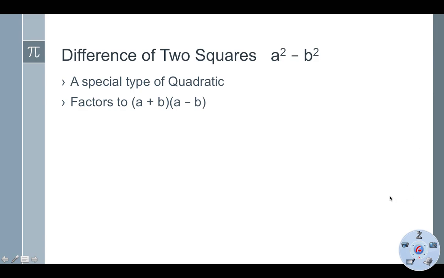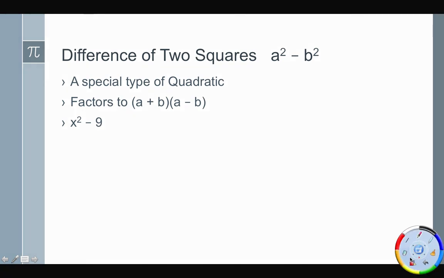So if I was to factor x squared minus 9, I'm not going to go through the whole method like we did at the beginning. I'm going to note that this is x squared minus 3 squared, and I'm just going to straight factor this into x plus 3 and x minus 3.